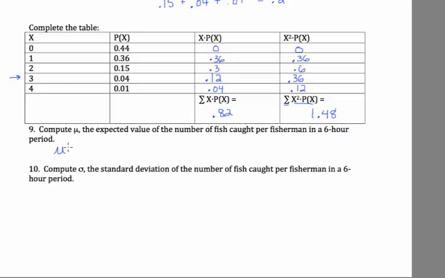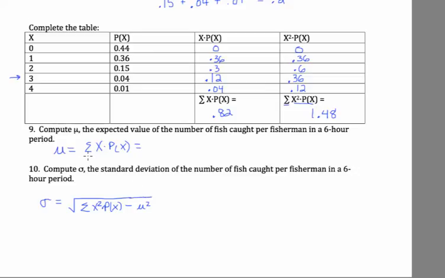It tells me on my formula sheet that mu is the sum of x times px. And it tells me that sigma is the square root of the sum of x squared px minus mu squared.